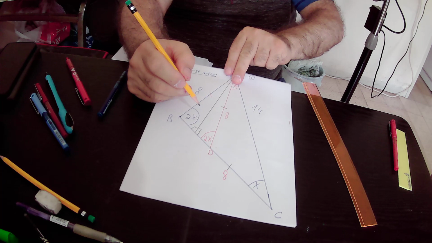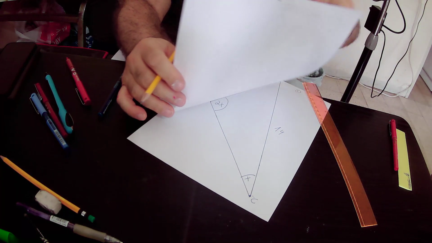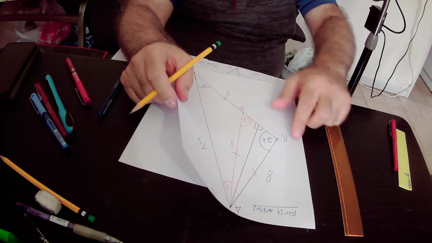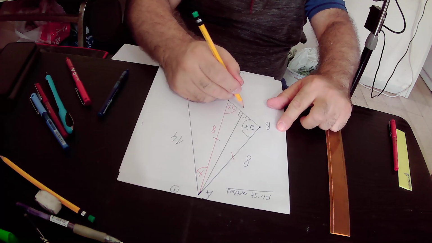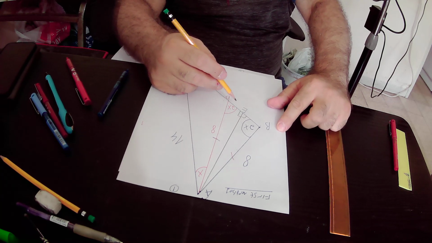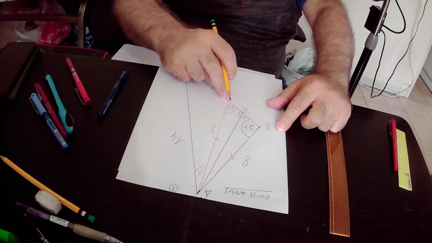And we will call the touching point between the height to the base BD point E. Point E is the touching point between the perpendicular and the base BD.